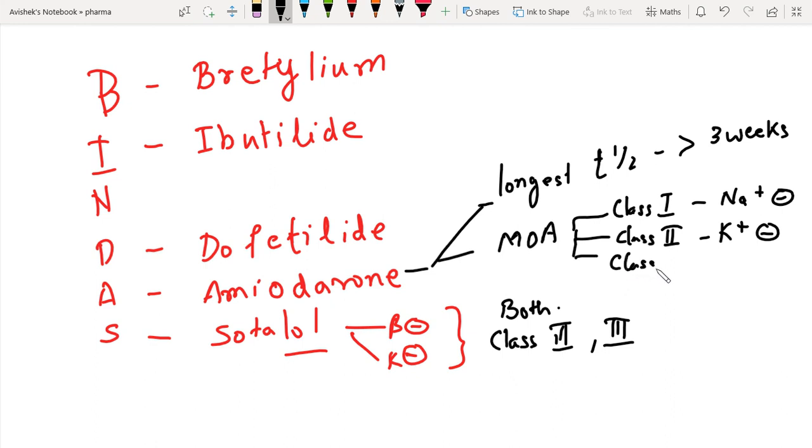Sorry, class 2 is beta blocker, class 3 is potassium channel blocker.